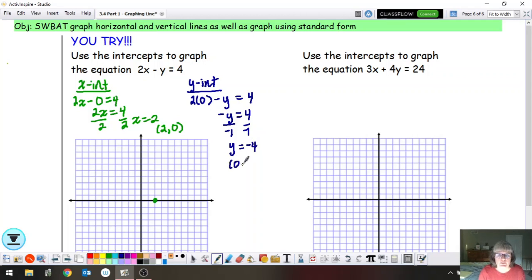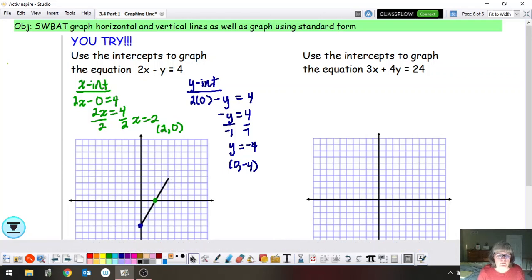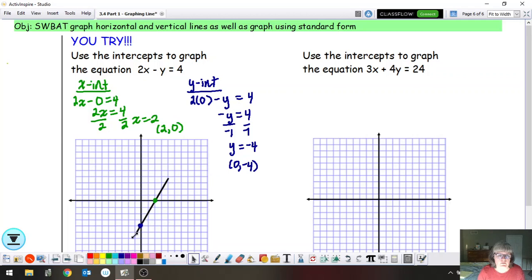So that point is 0, negative 4. And then I can graph my line through my points. Place arrows on each end, and I have my line.